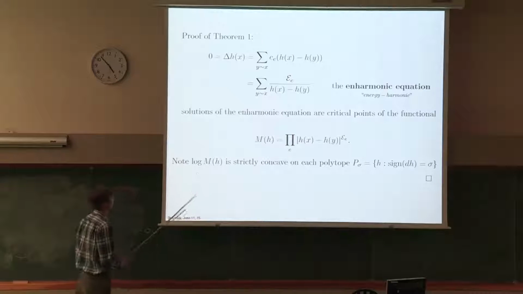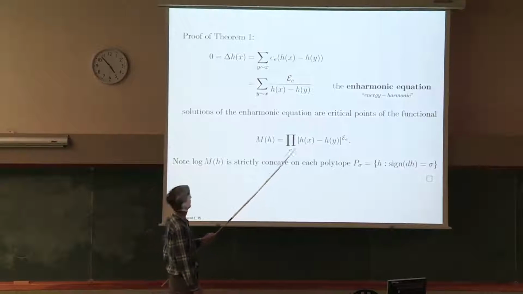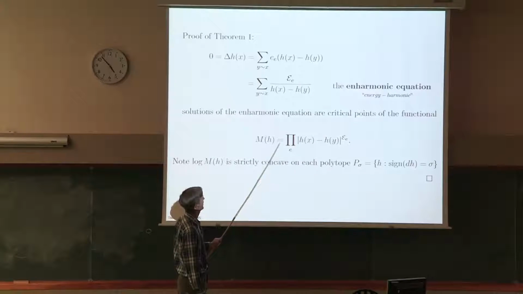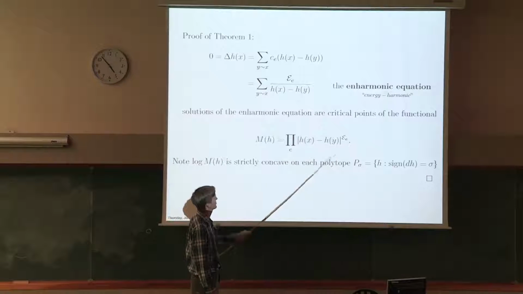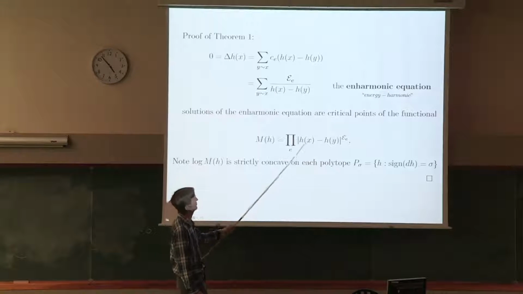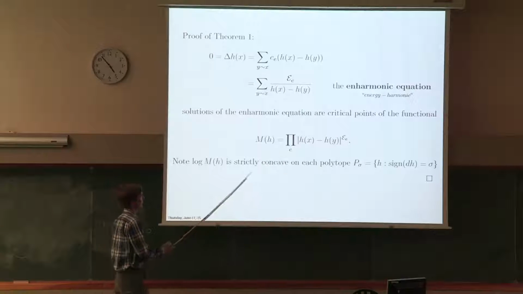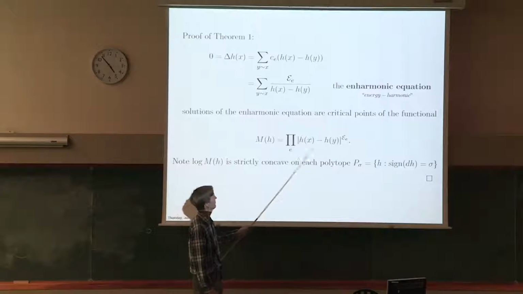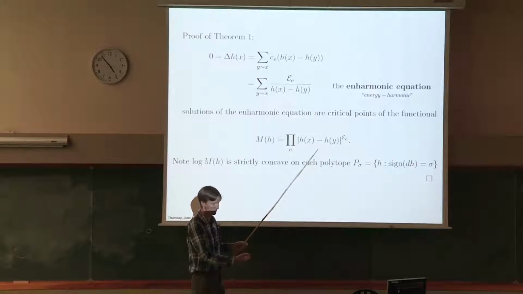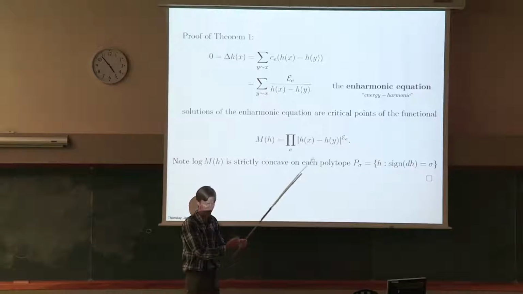On that polytope, the log of M is a strictly concave function, because it's the sum of logs, which are concave functions. On the boundary of that polytope, there's some edge where h(x) equals h(y), and therefore the log of 0 goes to minus infinity.